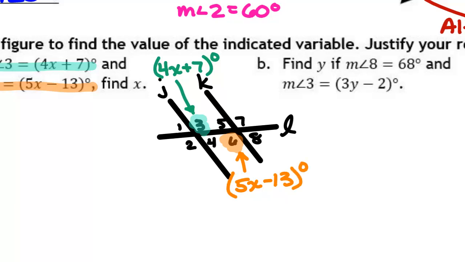What's the relationship between angles 3 and 6? What do we call that angle pair right there? We would describe them as what?